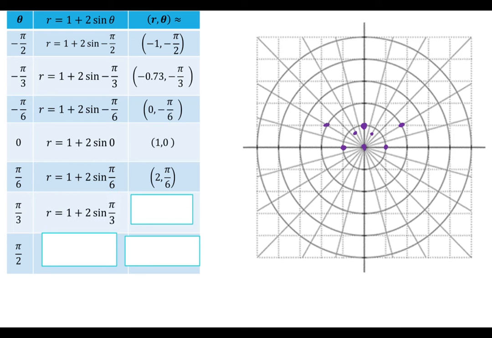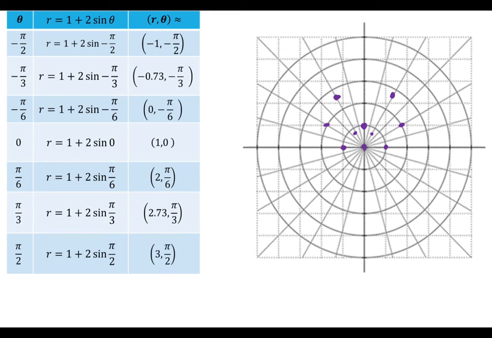Then I plug in pi thirds, and I get 2.73 at pi thirds. That's going to be about right there. And I of course get its mirror point. And then plug in pi halves, and I'm going to get 3, pi halves.